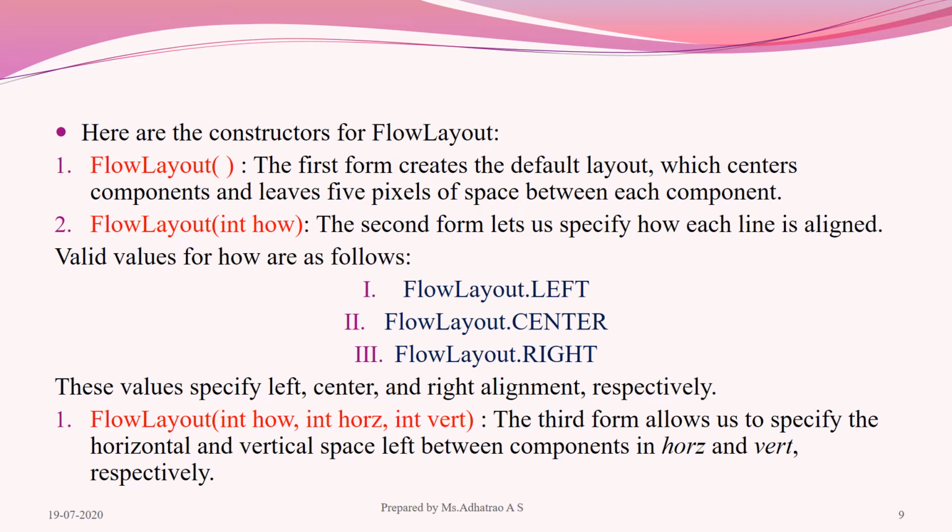Valid values for how are as follows. First, FlowLayout.LEFT, second, FlowLayout.CENTER, and third, FlowLayout.RIGHT. The second constructor allows us to specify the alignment with the constants defined by the FlowLayout class. These values specify left, center, and right alignment respectively.